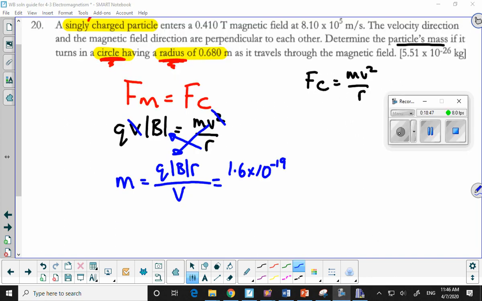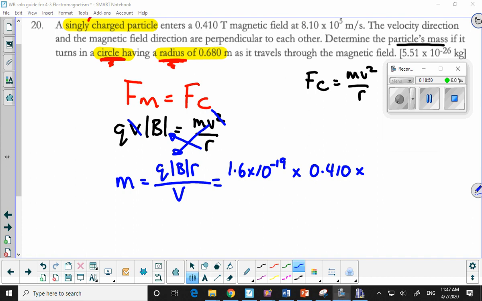So my q is 1.6 times 10 to the minus 19 coulombs. Again, it wasn't explicitly said to us, but they just told us that it was singly charged. The magnetic field intensity, B, was given as 0.410.